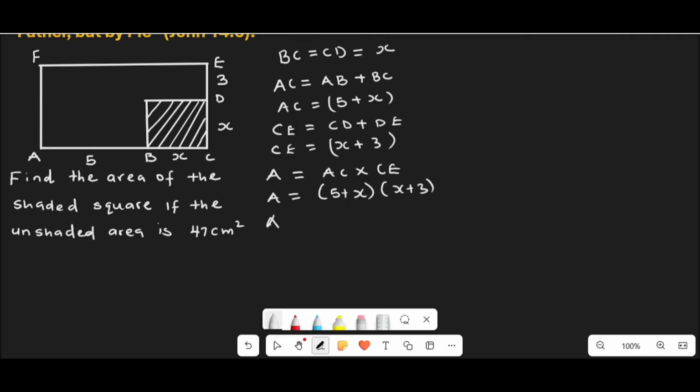A, which is the area of the whole rectangle, equal to 5 times x, we have 5x. 5 multiplied by 3, we have 15. X multiplied by x, we have x squared. X multiplied by 3 plus 3x. So the area of the whole rectangle will now be x squared plus 5x plus 3x, we have 8x plus 15.